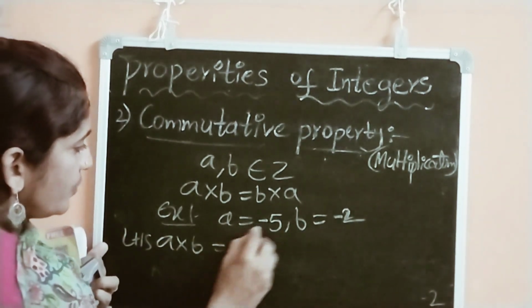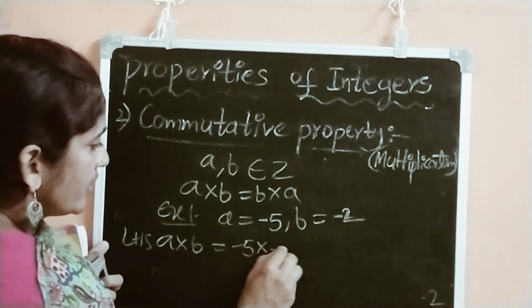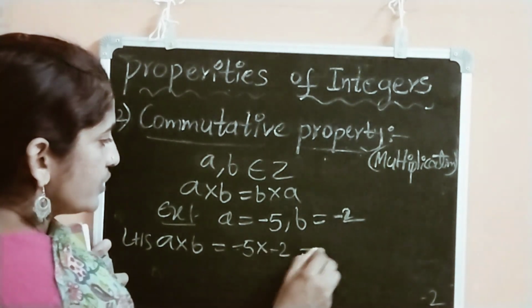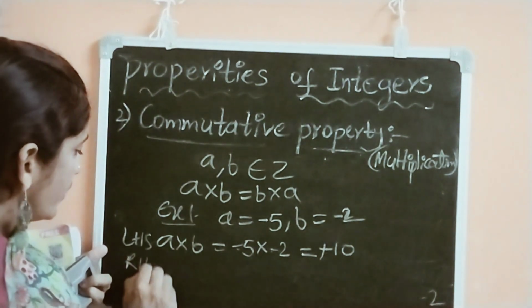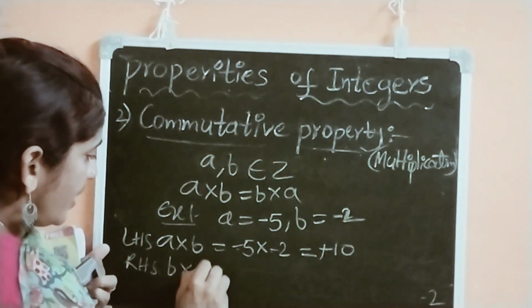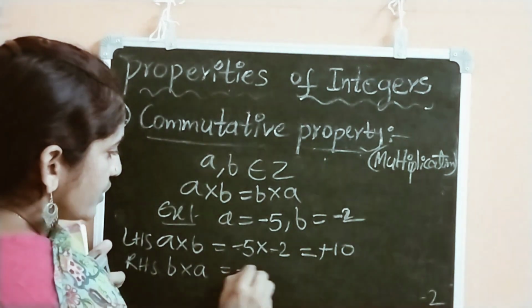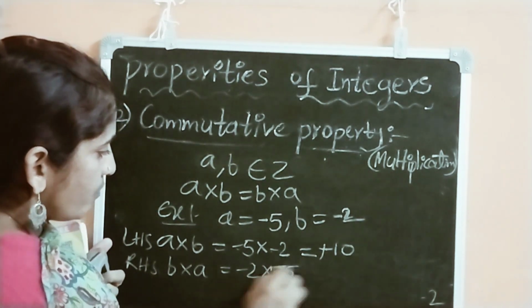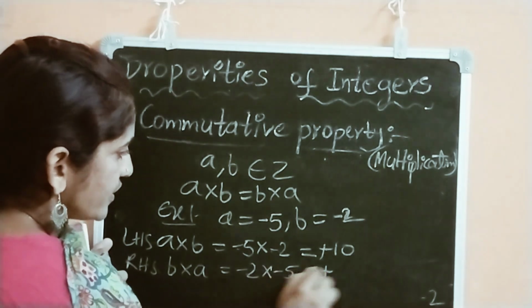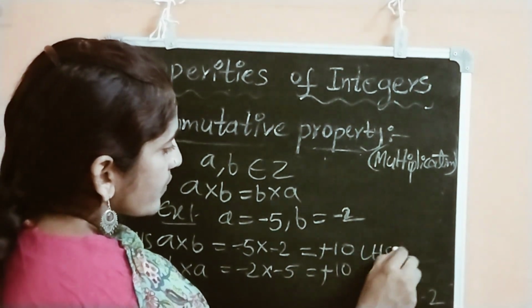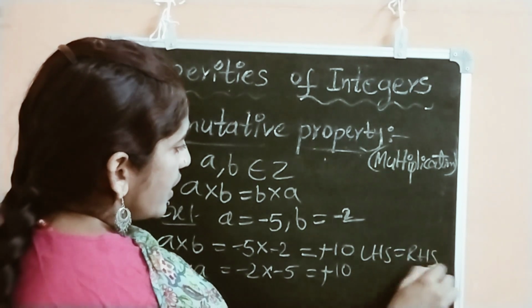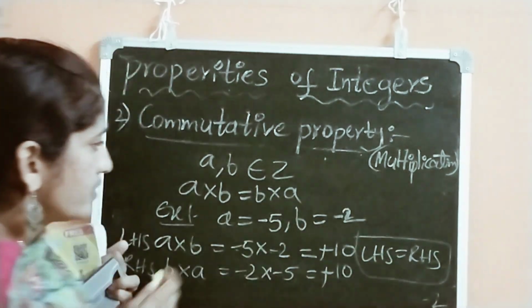A into b means -5 into -2, minus into minus, plus, 5 twos are 10. Next, coming to the RHS, b into a, that is -2 into -5, minus into minus, plus, 2 fives are 10. So we are getting LHS plus 10, RHS also plus 10, that is LHS is equal to RHS.